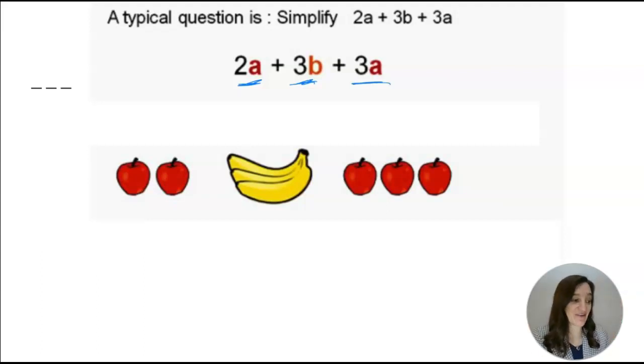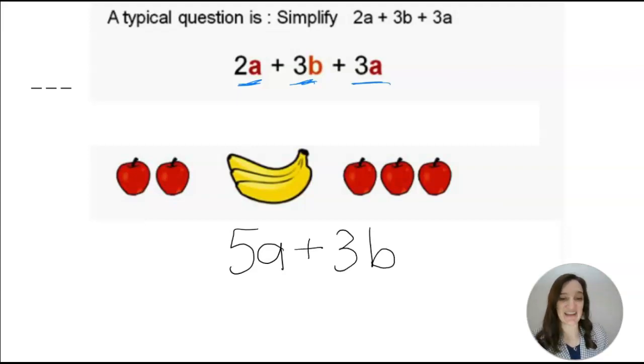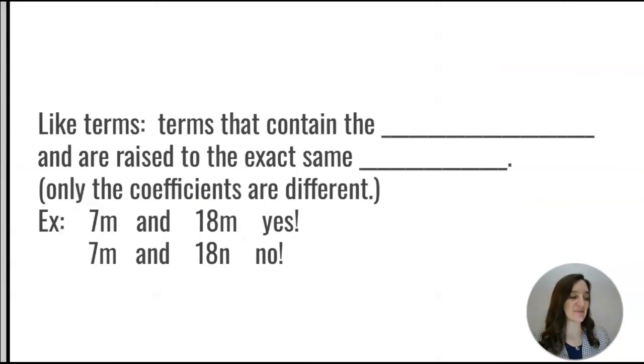You're exactly right. We could instead say we have 5 apples and we have 3 bananas. And that is exactly what we're doing today. We're taking things that are alike, a and a, the two groups of apples, and combining them to make it simpler.